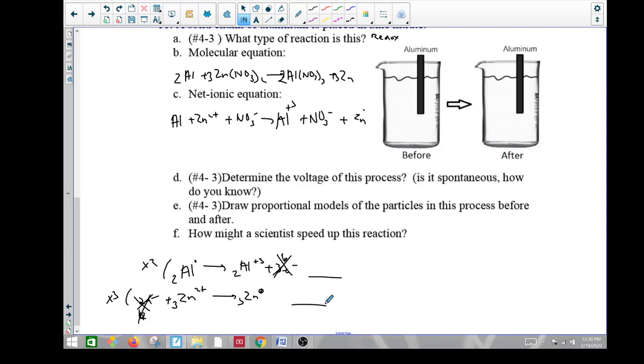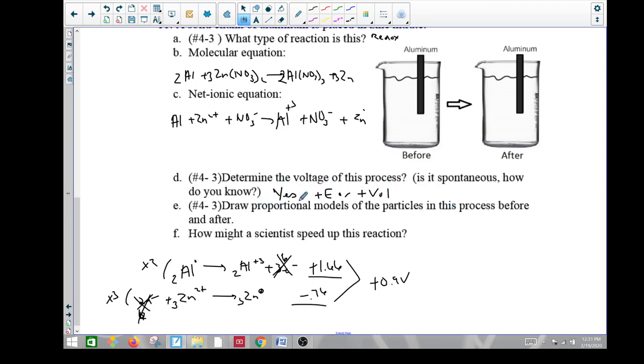We're going to get a positive 1.66 and a negative 0.76 for a grand total of positive 0.9 volts. So, is it spontaneous? How do you know? Yes. Why do we get that? Positive electropotential, or positive voltage.